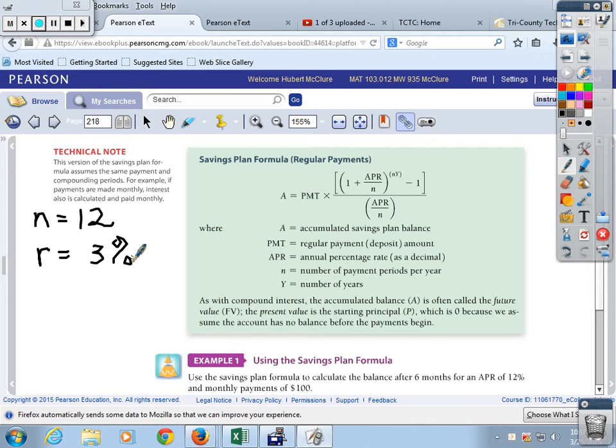Let's say 12% like they did, which is a little bit high. But we'll say 9%. Which is still a little bit high, because most savings accounts today are about 2% or 3%. Some of them are even less. Very low, yeah.